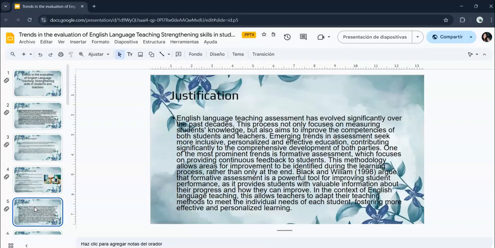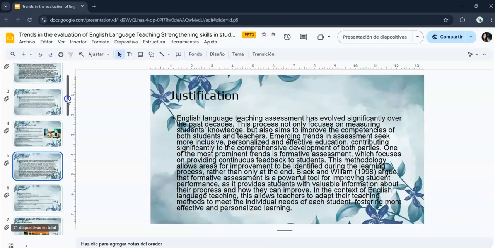The evolution of English language teaching assessment has had a profound and multifaceted impact today on both students and teachers, and that is the main reason we created this digital resource to evaluate the abilities of teachers in training and students at the same time. Let's continue.